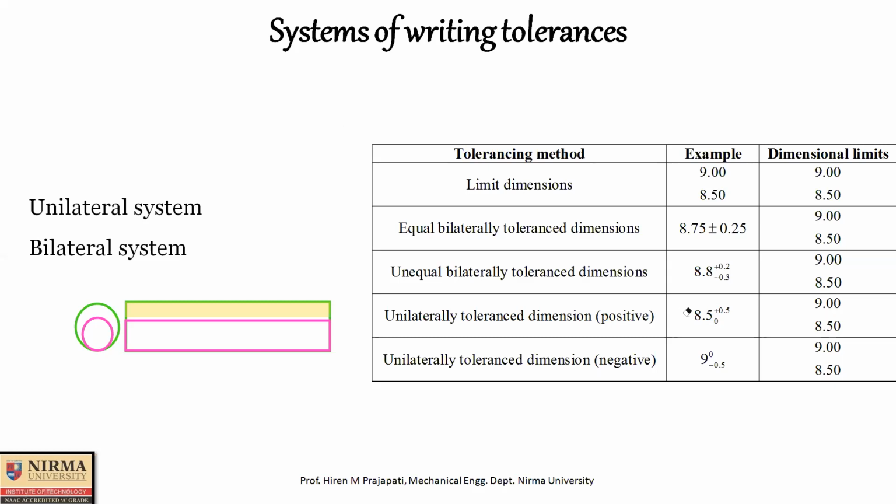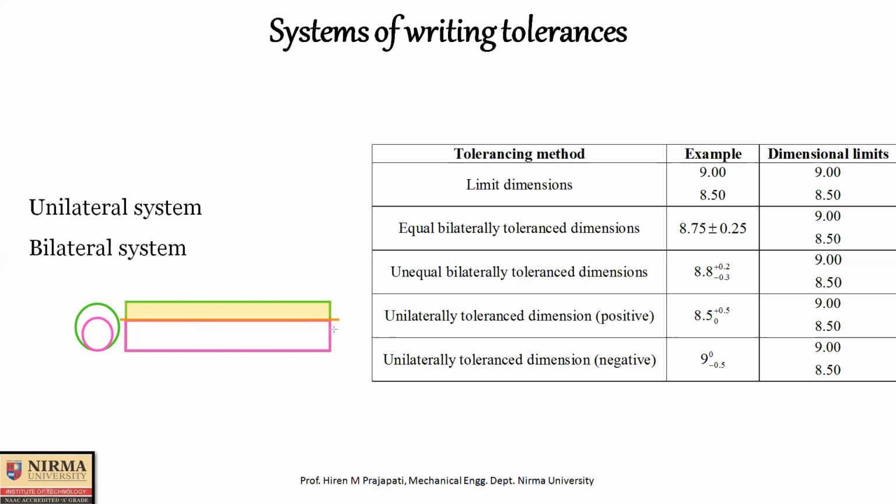But now basic size is also 8.5 and lower limit is also 8.5. So in this representation, this violet line is indicating 8.5 and this green line is indicating 9 mm. And now if I draw the basic size line, orange color line, then the basic size is overlapping on this lower limit of the shaft.